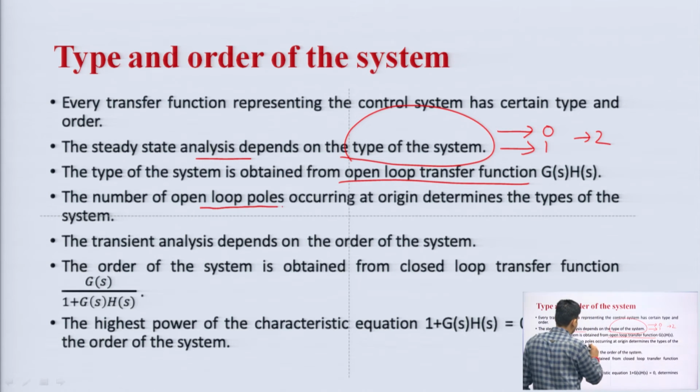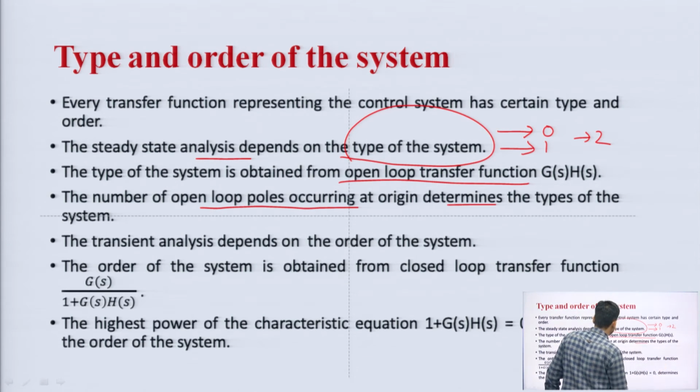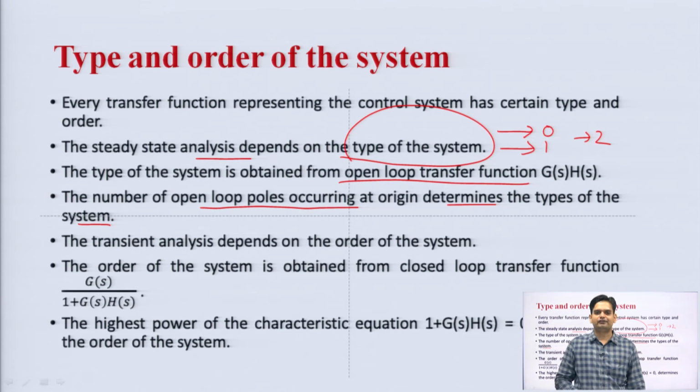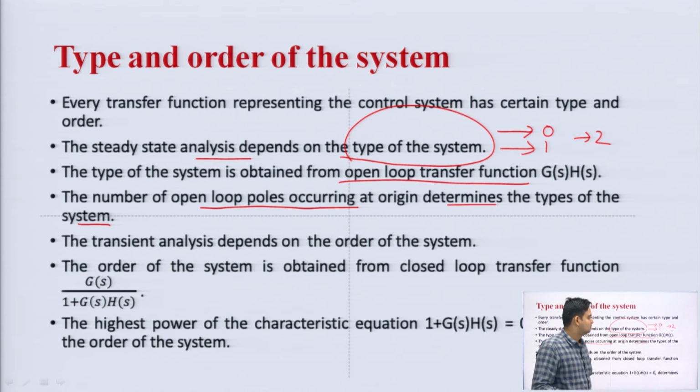The number of open loop poles lying at the origin gives you the type of the system. It means you need to observe how many poles lie at the origin. If 2 poles are at the origin, type is 2; if a single pole is at the origin, type is 1; if 0 poles at the origin, then type is 0. So, the type depends on poles at the origin.